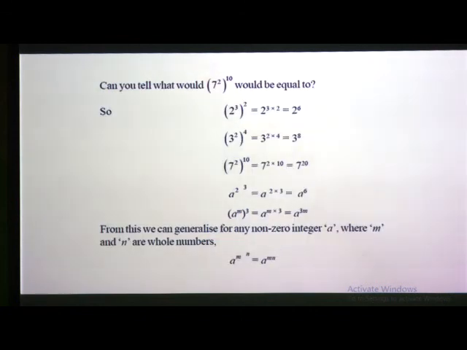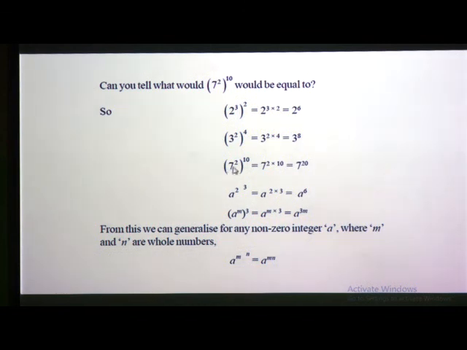Now, one more example we will see: 7 squared to the power 10, raised to 10, would be equal to what? We will see: 2 to the power 3 to the power 2 is nothing but the multiplication of the powers, which is 2 to the power 6. 3 to the power 2 to the power 4 is again multiplication, 4 2s are 8, so 3 to the power 8.